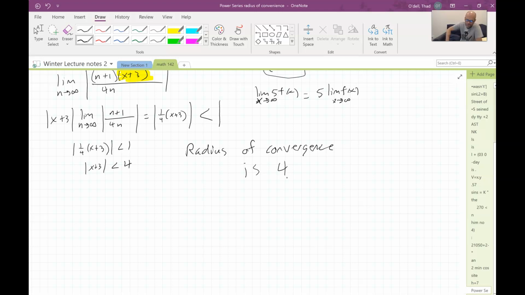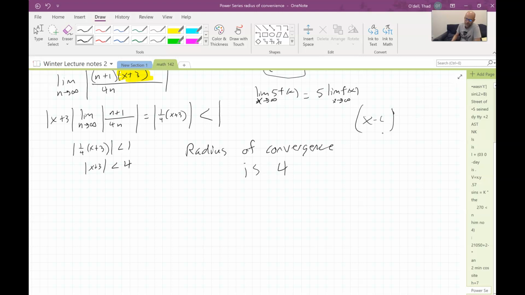Okay? And since the radius of convergence is 4, we know the center is -3, right? Because remember, x minus c is the expression that always shows up in the power series, where c is the center of the power series.